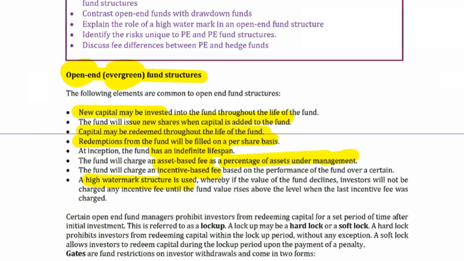High watermark means that, and this is often a concern that investors have, it's not fair if the private equity, hedge fund, whatever fund it happens to be, in year 1 takes a specific performance incentive. Let me just draw us a little picture for that, because it does make it look so much nicer on a picture.